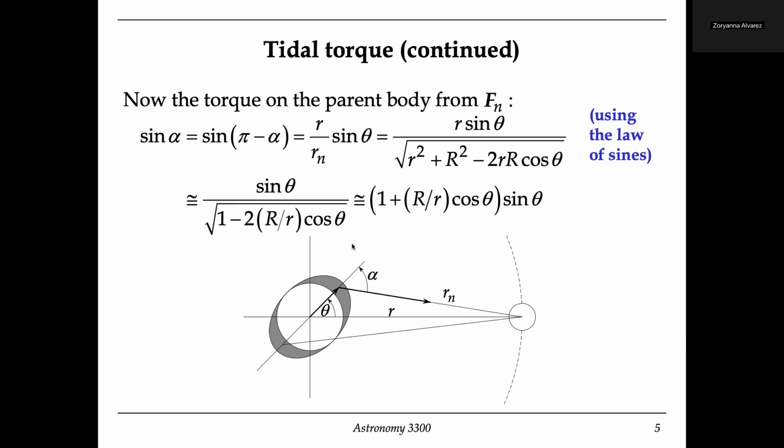What's the law of sines do? The law of sines says A over sine of alpha is equal to B over sine of beta, which is equal to G over sine of gamma.